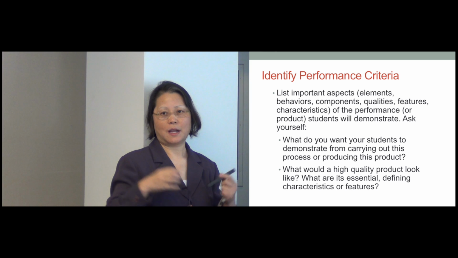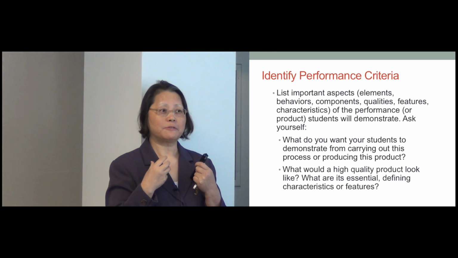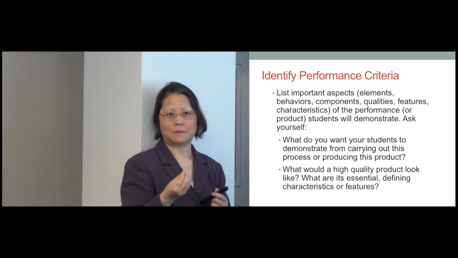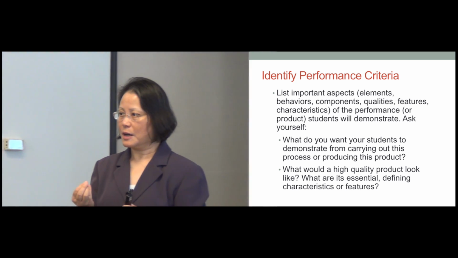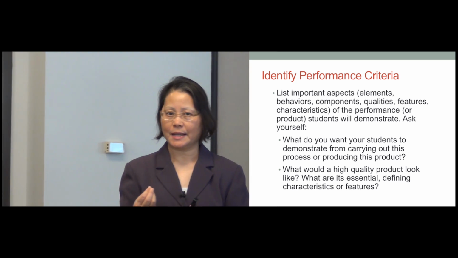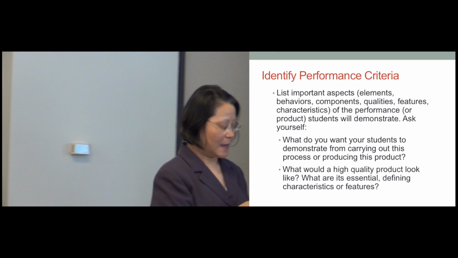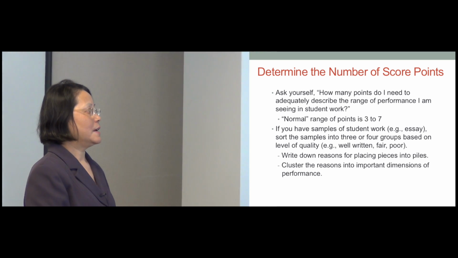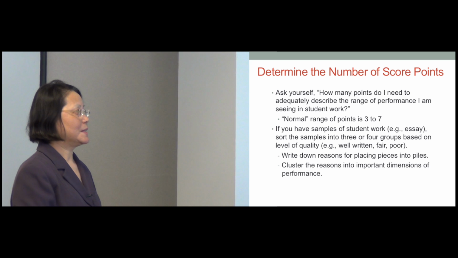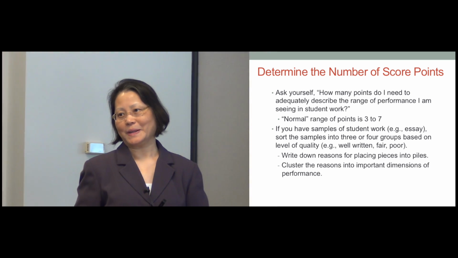This kind of question will help us brainstorm within ourselves what features, characteristics, elements, and criteria we want the student to demonstrate from this work, and it helps to set up expectations. And once we have this list of performance expectations or criteria, the second step is to decide the points.